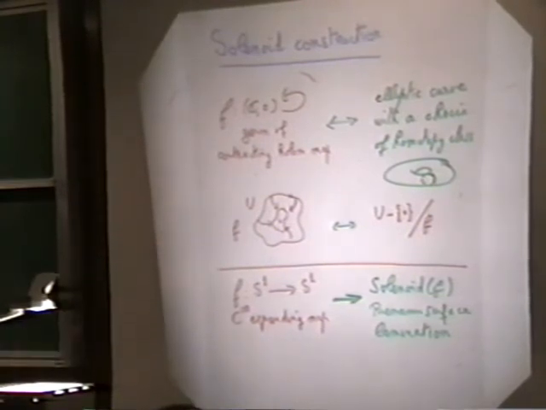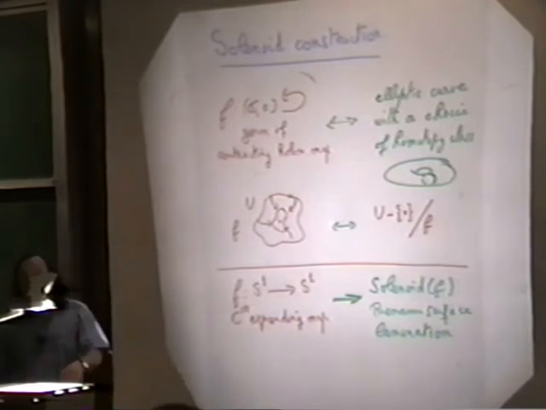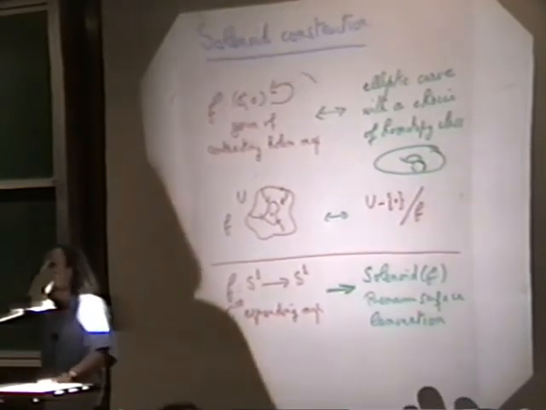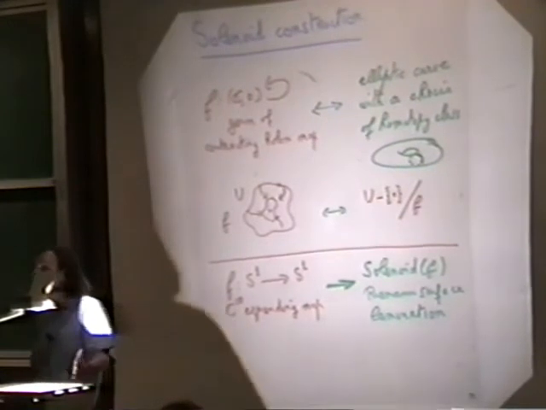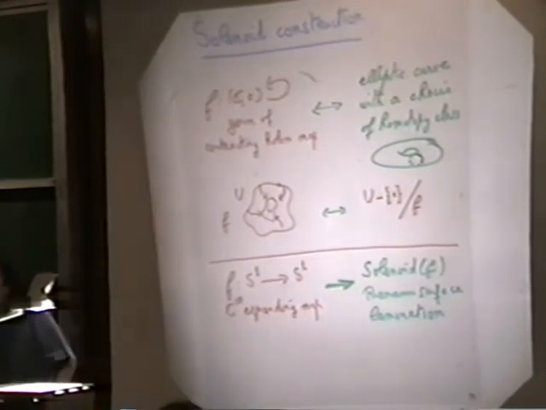And the idea is to try to do things like dynamical systems, like an expanding map of the circle S1.